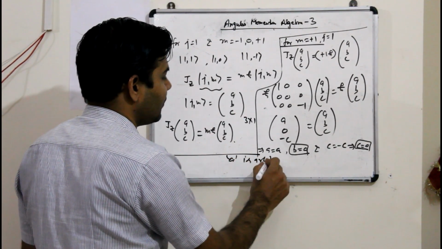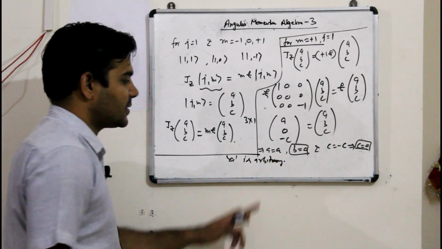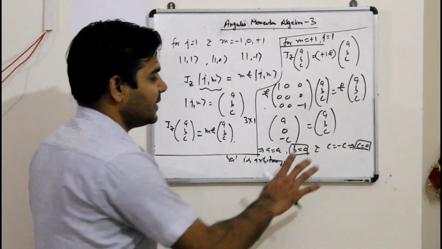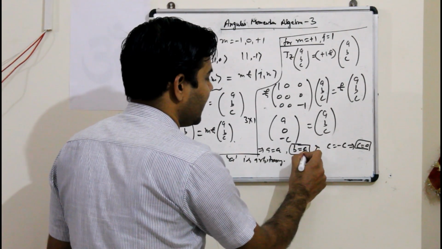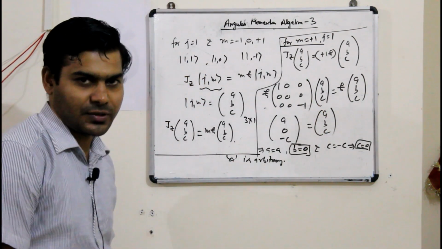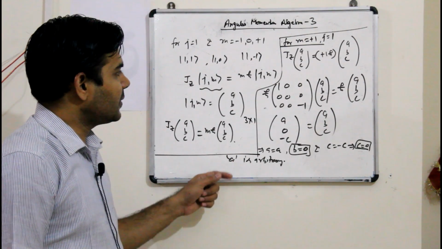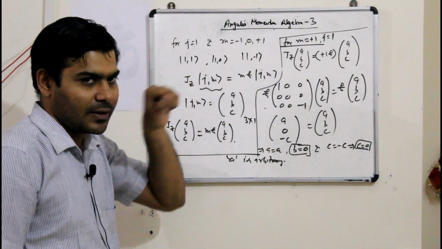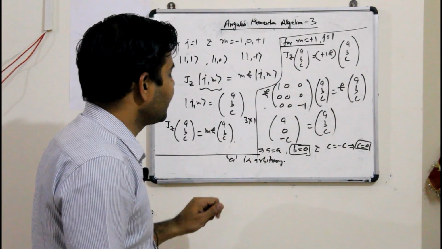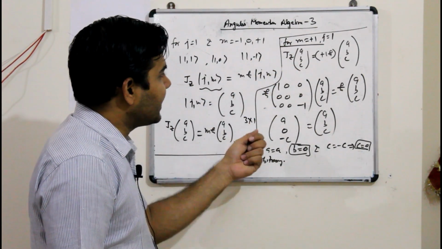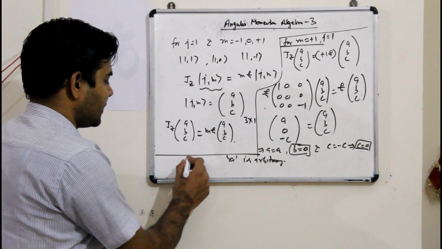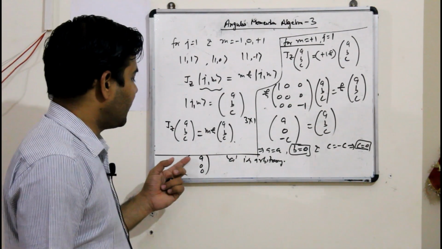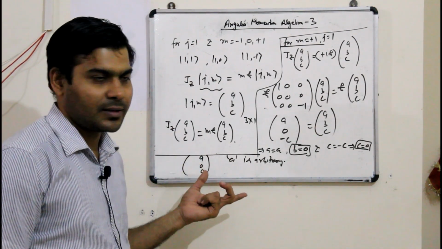A can have any value, because for any value of a this condition will be satisfied, a equal to a, while b and c are fixed by this equation, that is both are 0. So for the case m equal to plus 1, j equal to 1, the possible eigenstates of Jz are a 0 0, where a could be anything. It could be 1, plus 1, minus 1, or any other value.